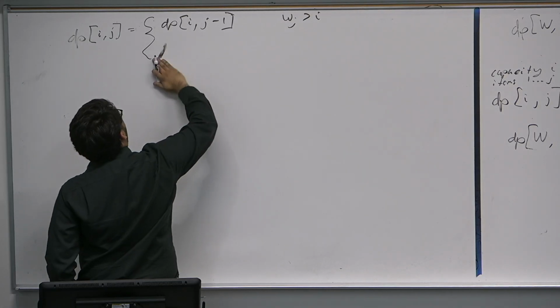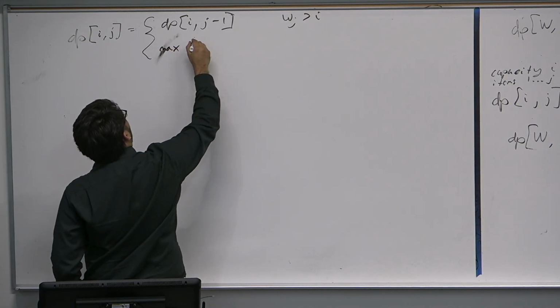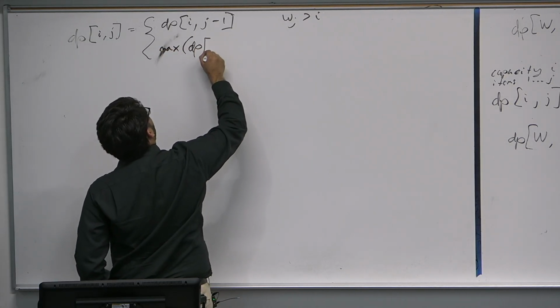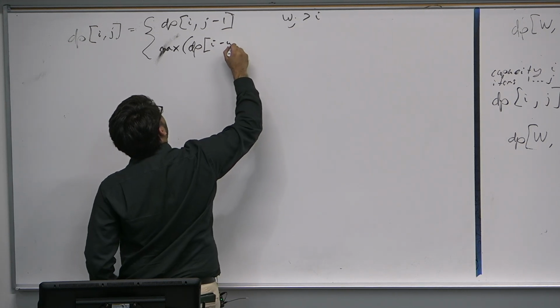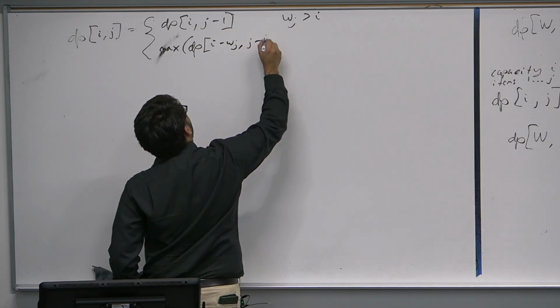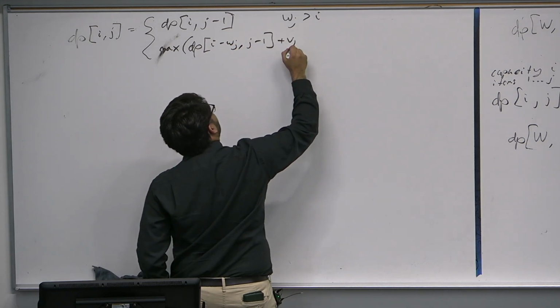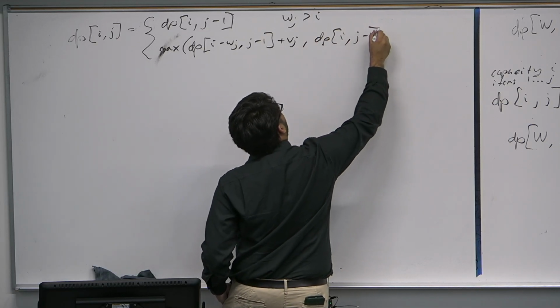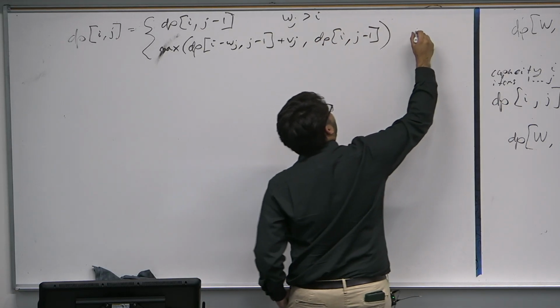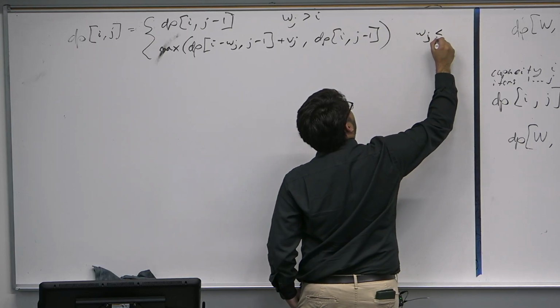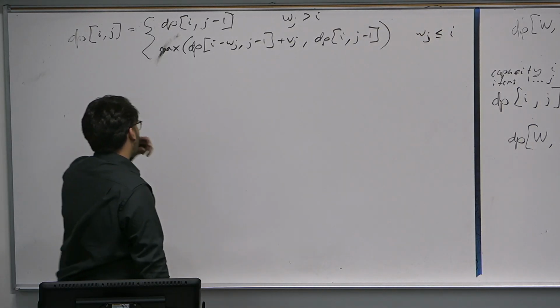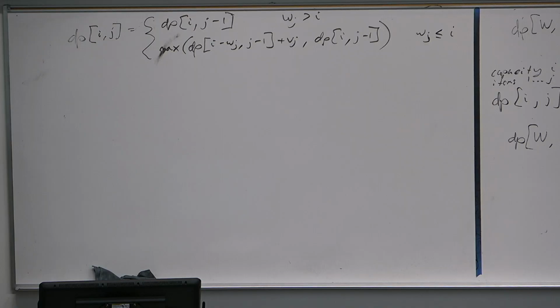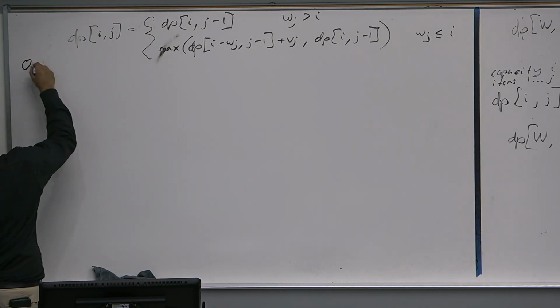Otherwise, it was the max of dp of i minus Wj, j minus 1, plus Vj, or dp of i, j minus 1. Right? And this is if Wj is choosable. Notice that this is for 0-1 knapsack specifically.